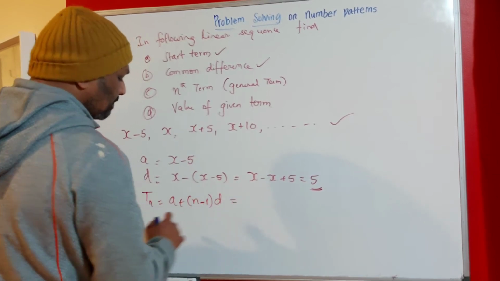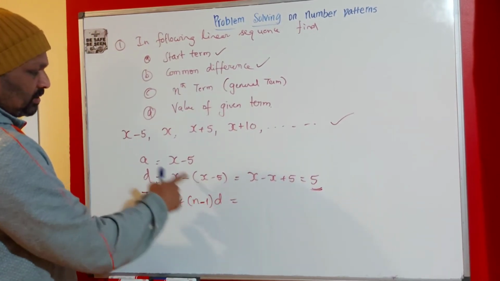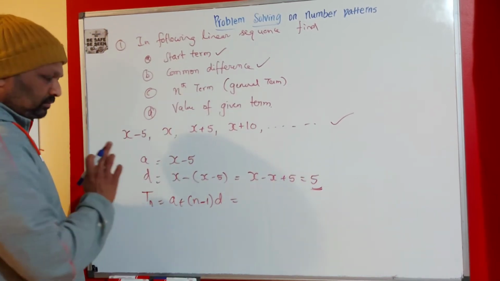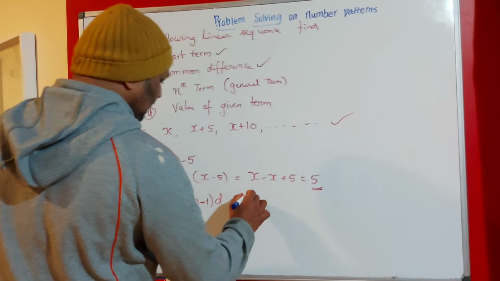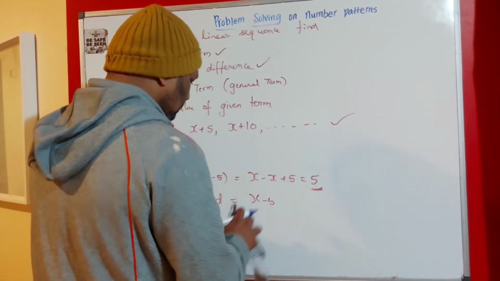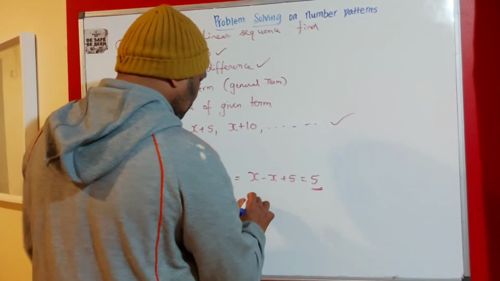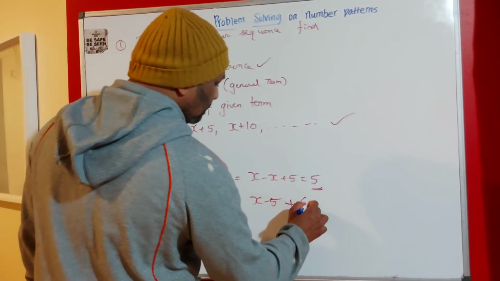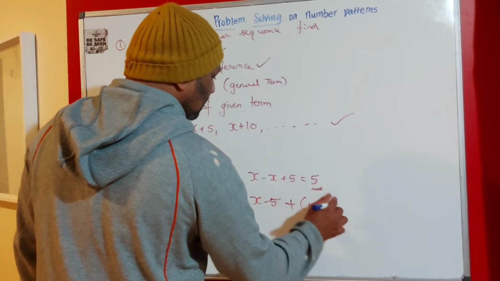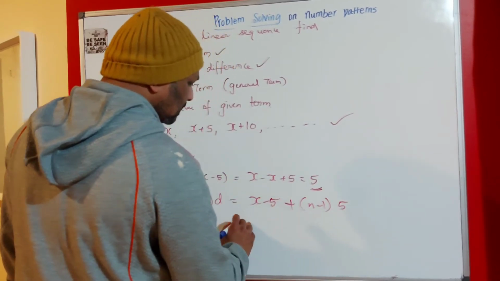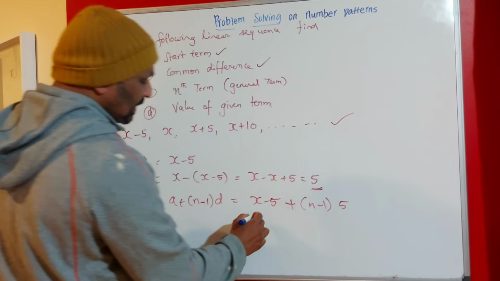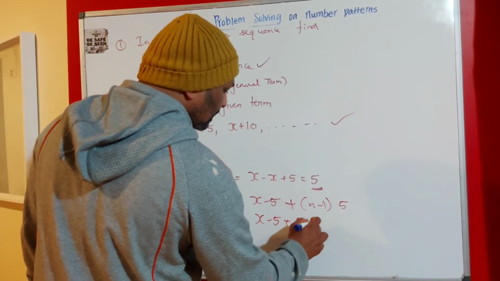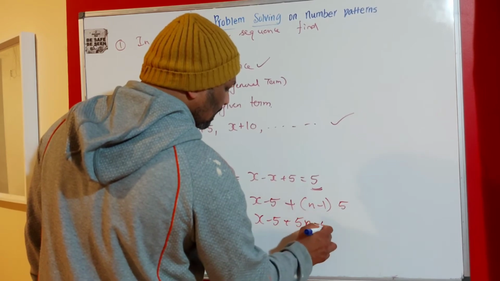But in this case, you substitute a and d, because you know a, you know d. Substitute this in this formula. What is a? x minus 5, plus (n minus 1) into d. What is d? d is 5. Simplify this expression. x minus 5, n into 5, 5n, minus 1 into 5, minus 5.